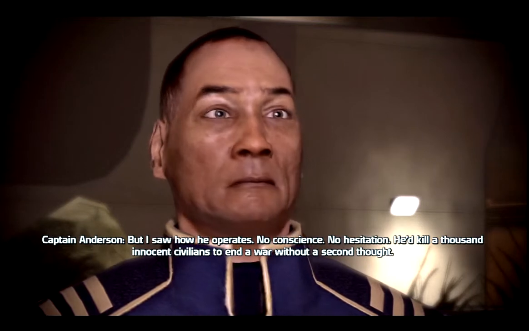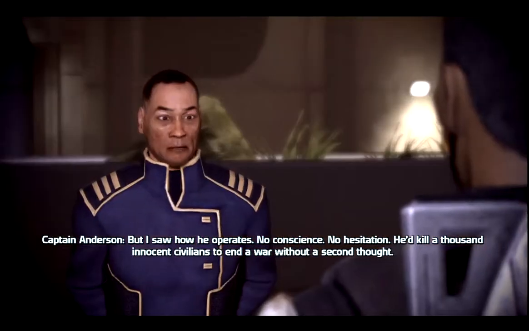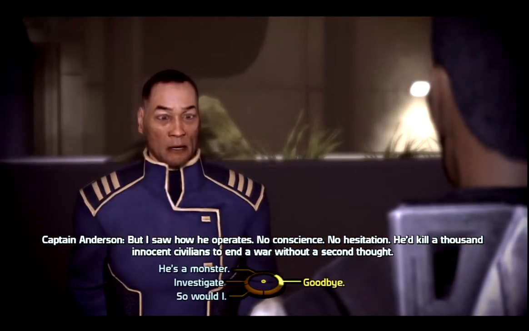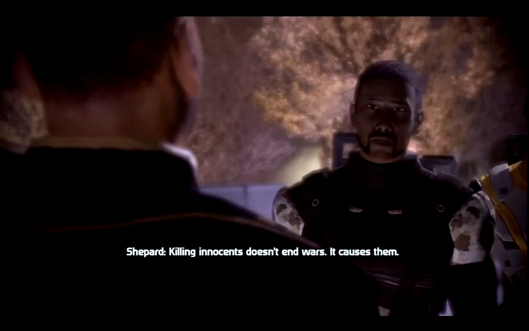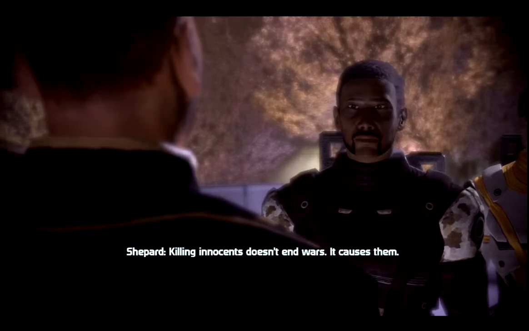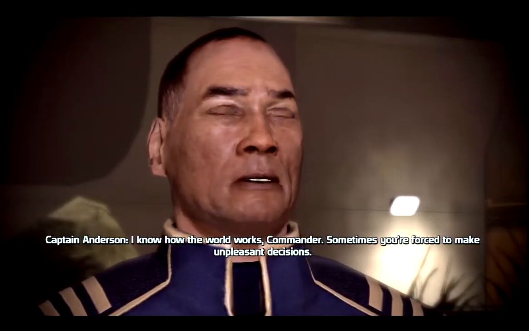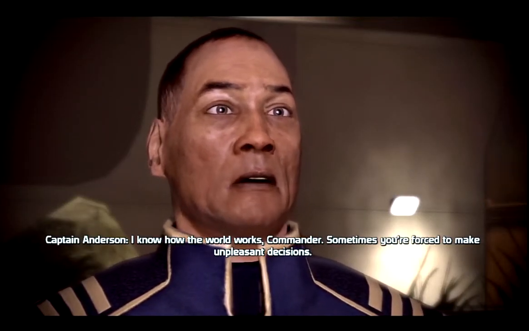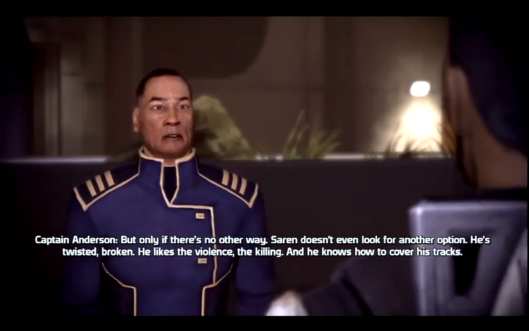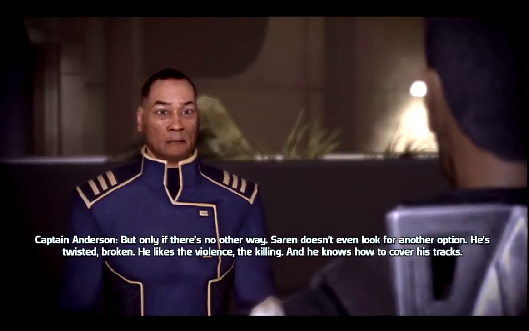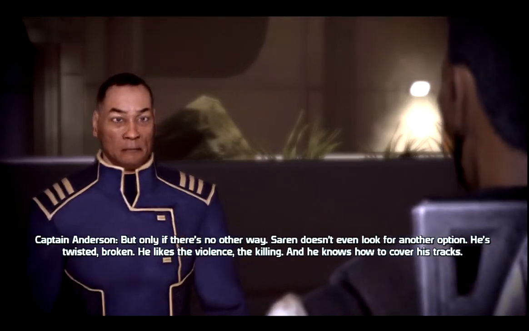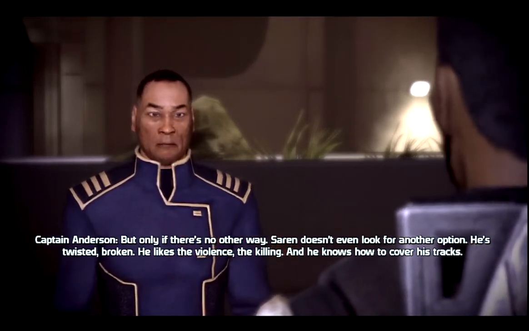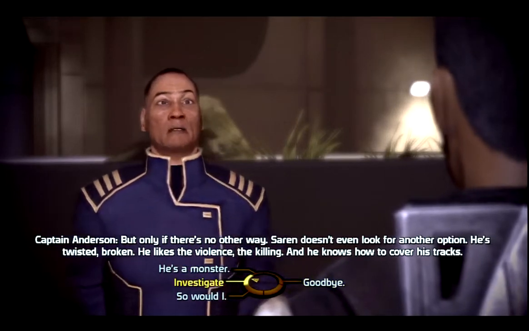No conscience, no hesitation. He'd kill 1,000 innocent civilians to end a war without a second thought. Killing innocents doesn't end wars, it causes them. I know how the world works, Commander. Sometimes you're forced to make unpleasant decisions. But only if there's no other way. Saren doesn't even look for another option. He's twisted, broken. He likes the violence, the killing. And he knows how to cover his tracks.